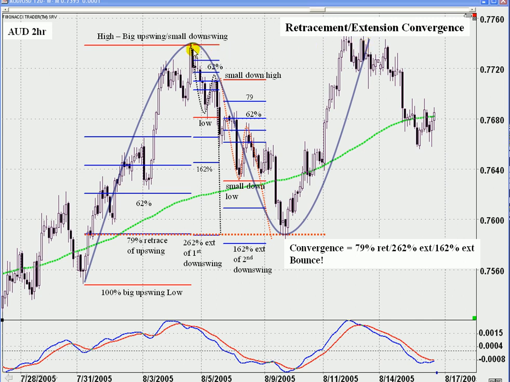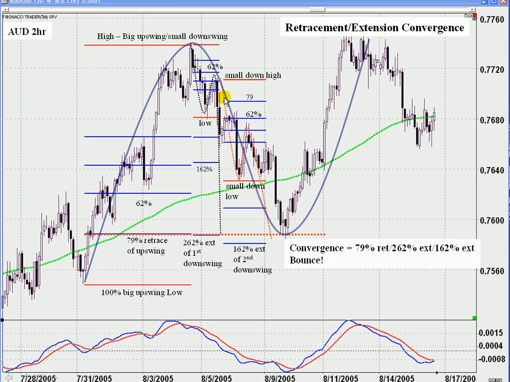Now, let's look at the price swings in the downtrend. From a high to a low, retracement, extension 162, and then this is the 262% extension of the original downswing.